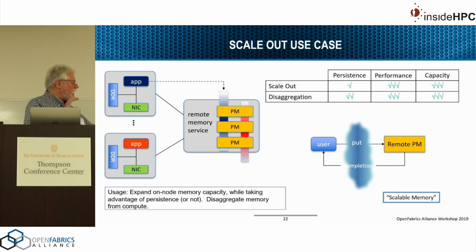So it's purely a scale-out use case. I gave an example here of the usage. Expand on-node memory capacity while taking advantage of persistence, if it's available. It may be useful to you or not. Disaggregate memory from compute. So if you really wanted to scale the system out, processing independently from memory, this is one way you would do it.